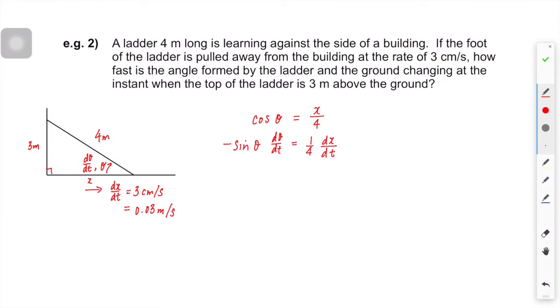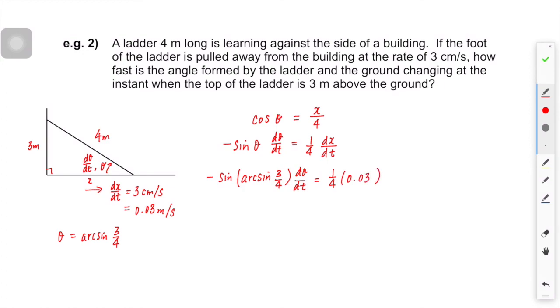Do I have all the information that I need? Well, I would have to know what theta is when the ladder is 3 meters above ground, which means that I'm interested in arc sine of 3/4. So I'm taking negative sine of arc sine 3/4 d theta dt equals 1 over 4 times 0.03.